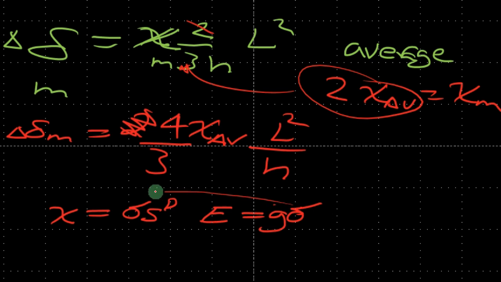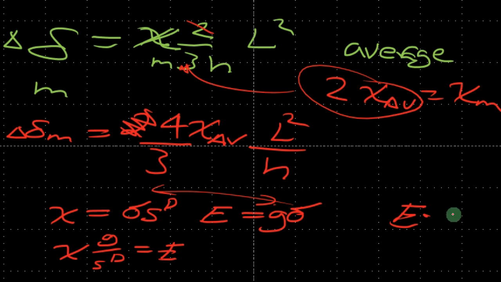Substituting this equation and this one together, you solve for stress and you substitute. What we're going to get is this relationship between strain times G over SD equals the electric field. And electric field times thickness equals voltage. So this equals voltage divided by thickness, right?